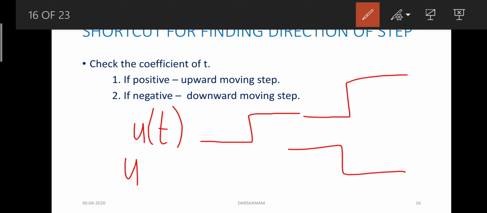If it is u of minus t, that is, if the coefficient of t is negative, then it will be a downward moving step. So we have seen how we can find the discontinuity of a function, and now we have seen how we can find the direction of step. So let's do some examples.